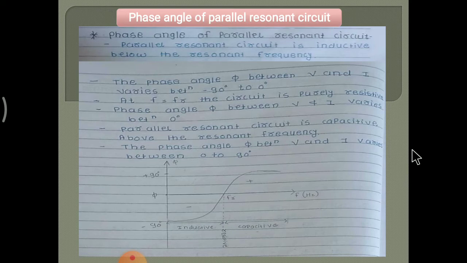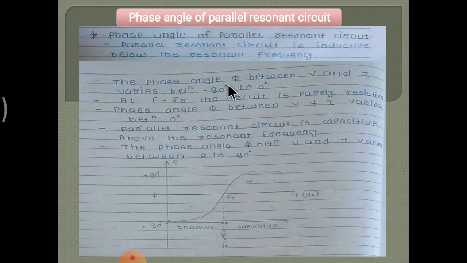Phase angle of the parallel resonance circuit. The parallel resonant circuit is inductive below the resonant frequency. This is the resonant frequency fr point, and below the resonant frequency the parallel circuit is inductive, and above the resonant frequency it is capacitive.